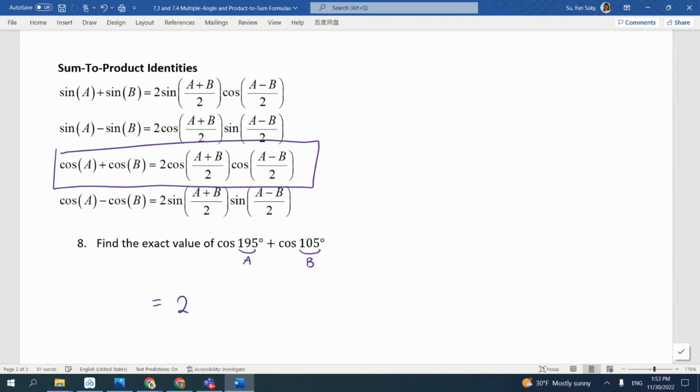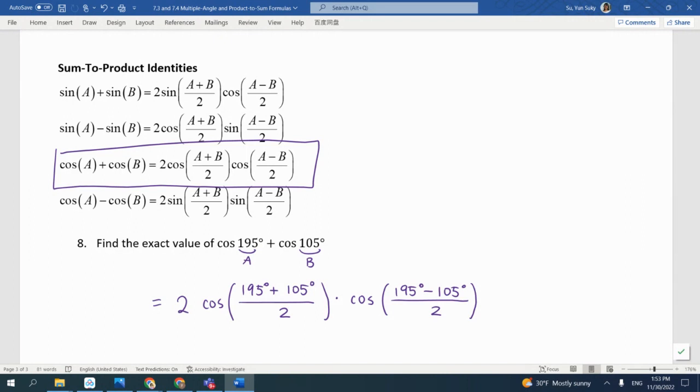So that is 2 cosine, A plus B, 195 degrees plus 105 degrees over 2, times cosine, 195 degrees minus 105 degrees over 2. Right, everybody? We just plug in the formula.